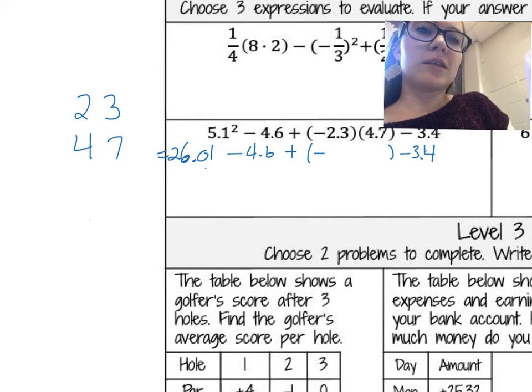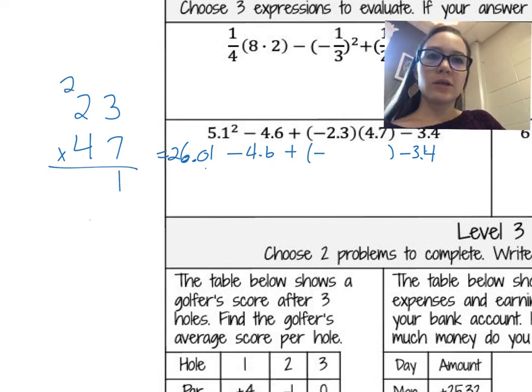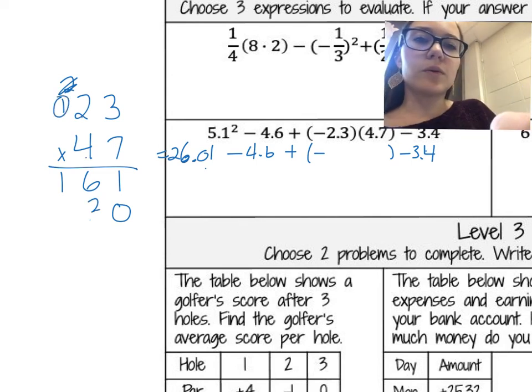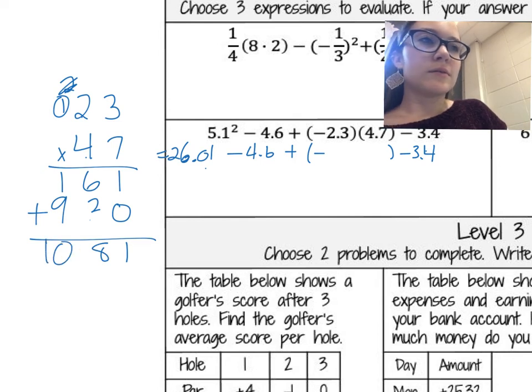So pretend like the decimals aren't there. 7 times 3 is 21, carry the 2. 7 times 2 is 14, plus 2 is 16. 0. 4 times 3 is 12, carry the 1. 4 times 2 is 8, plus 1 is 9. 1 plus 0 is 1. 6 plus 2 is 8. 9 plus 1 is 10.